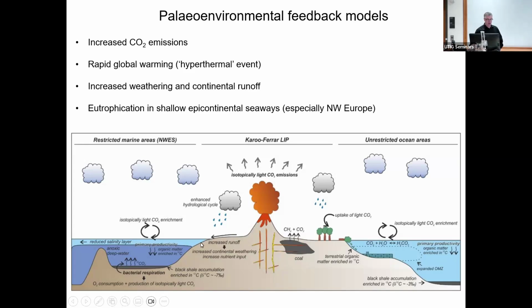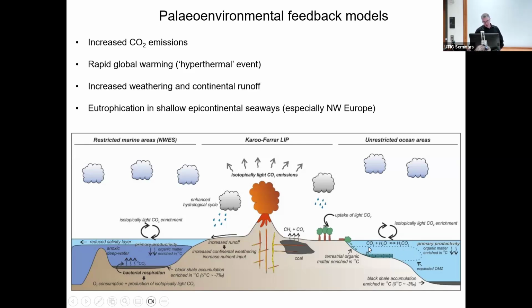In shallow water areas, that can lead to stratification, so haloclines in the water. Because you've got more nutrients coming into shallow marine areas, that increases productivity. Increasing productivity leads to reduced oxygen, which is also helped by the stratification.